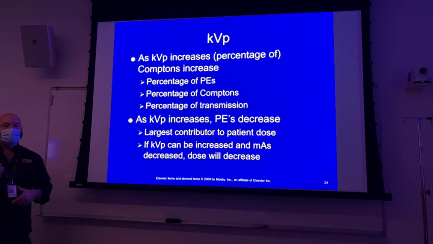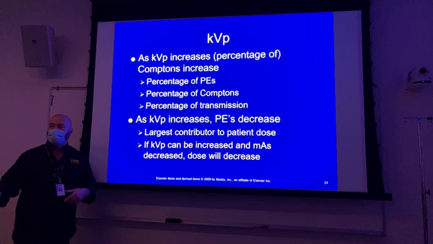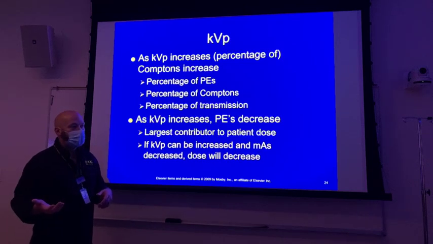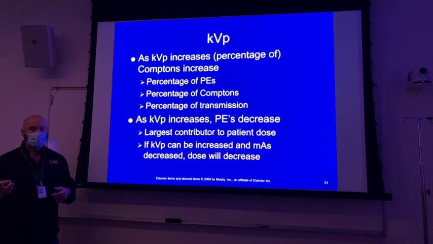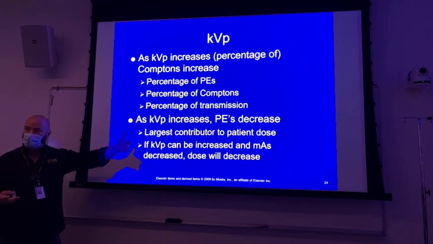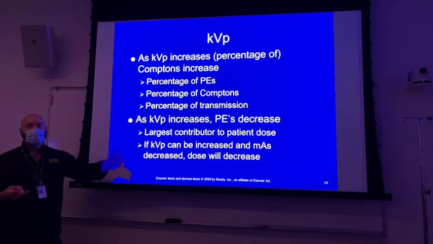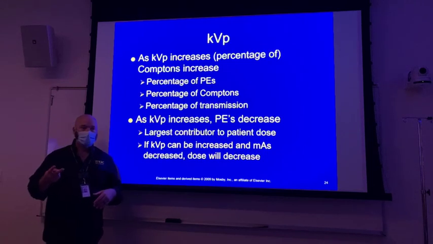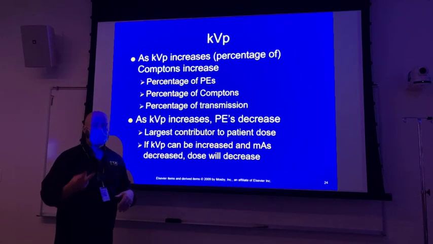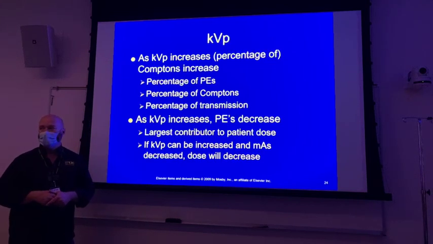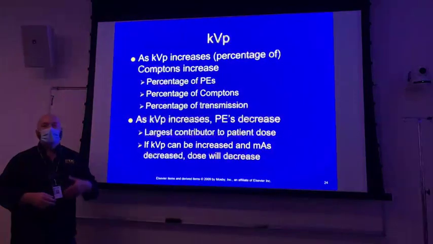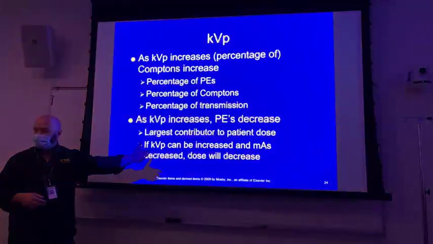Okay? So cutting the mass in half all by itself reduces the patient dose by a factor of 2, right? But if we increase our kVp by 15% and reduce our mass by a factor of 2, does that mean that our patient dose is going to go down by a factor of 2? No, it's not. Because you increased your kVp, right?